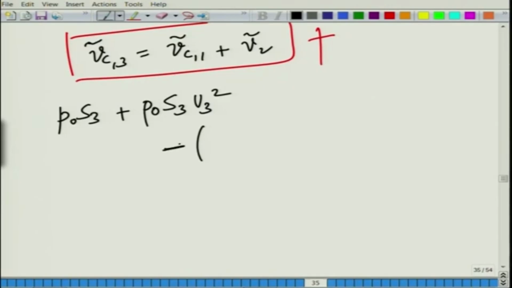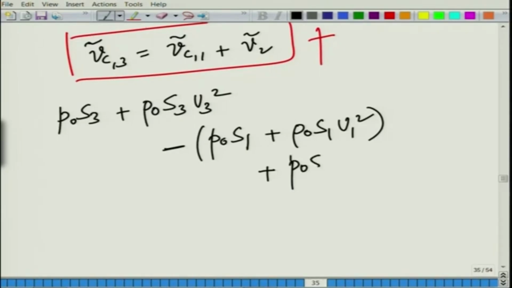So, here we have minus 1 and P naught into S1, plus rho naught times S1 U1 square, plus C2, which is probably 1, so P naught into S2 is equal to 0. So, we have this momentum equation.